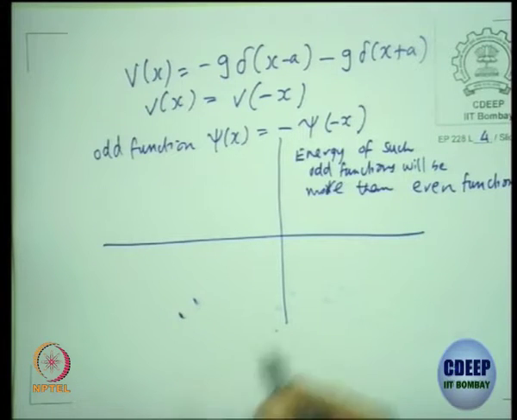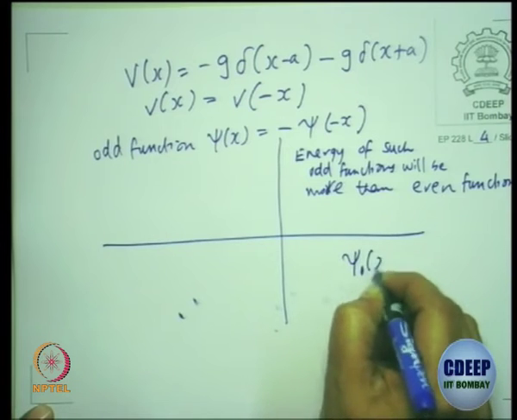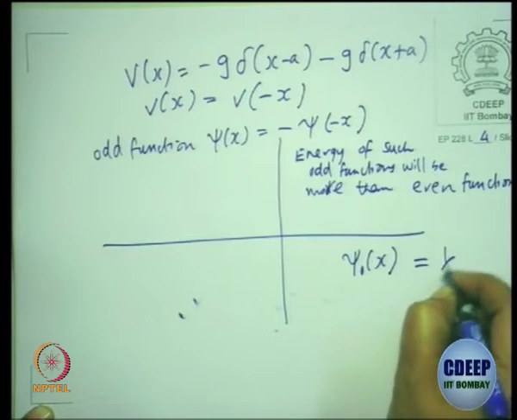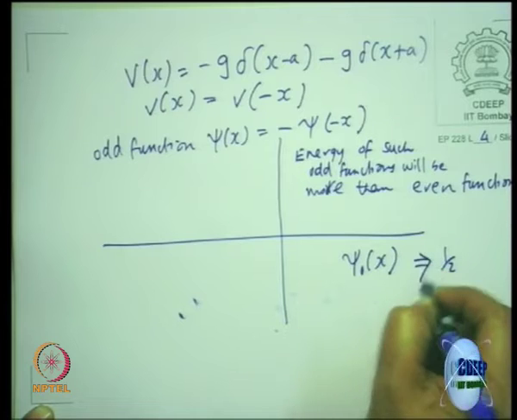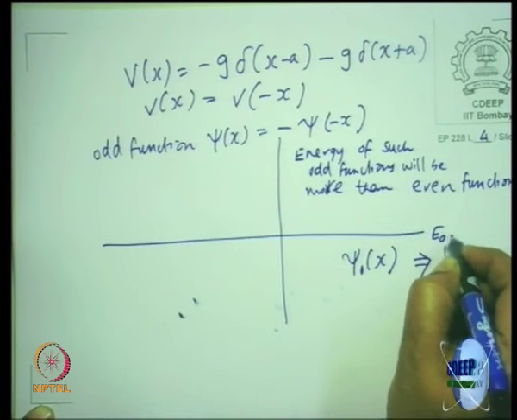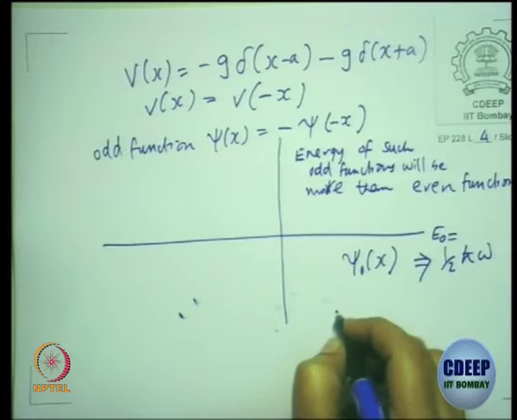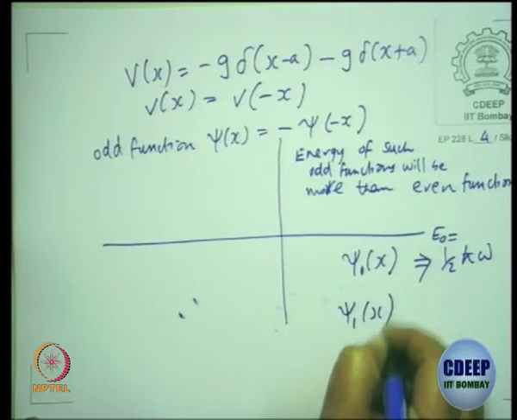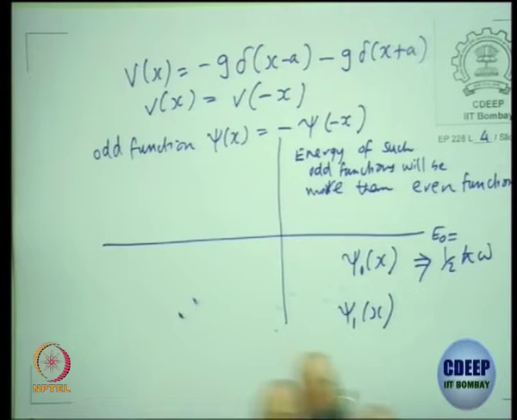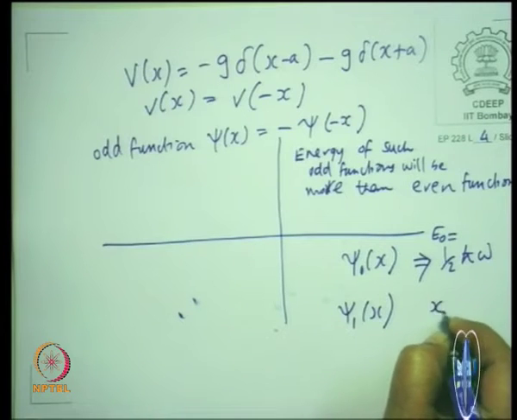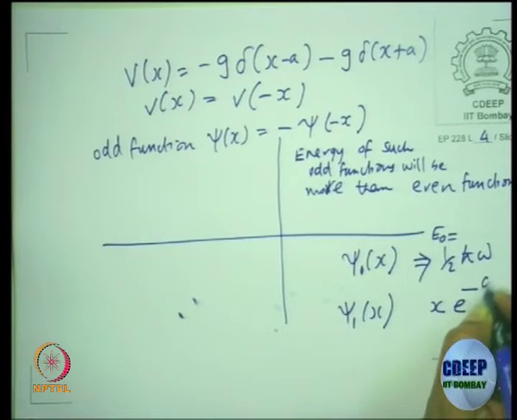or equivalently your ground state psi 0 of x energy was half h cross omega, right? Is that right? Psi 1 of x has odd powers to start with. So, it is proportional to some x times e to the power of minus a x squared.